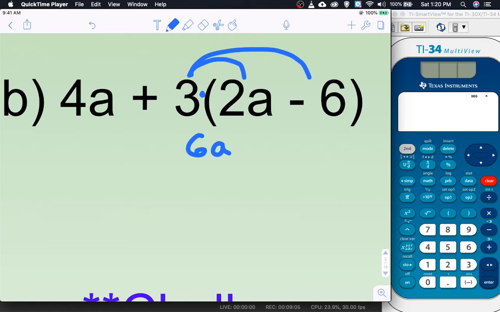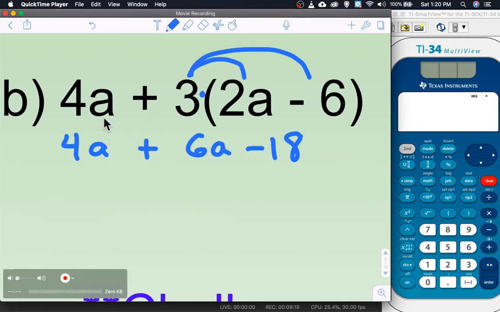That's 3 times 2 is 6, and you bring the variable along. 3 times the minus 6 is a minus 18. And I just brought down my 4a plus.